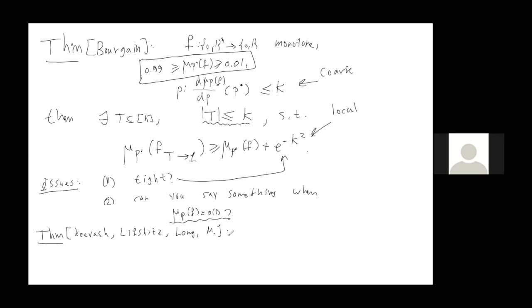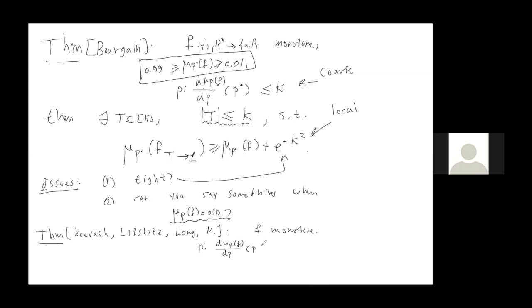The formulation is really the same. You have a monotone F. You don't assume anything about the average. You only assume, but you do need to insert the measure somewhat into the picture.